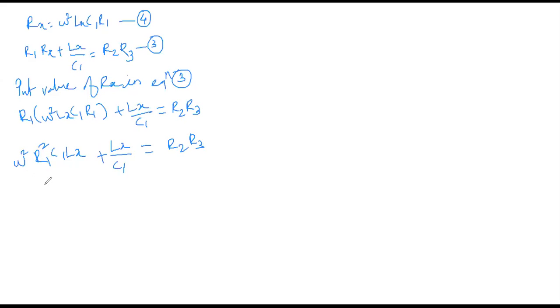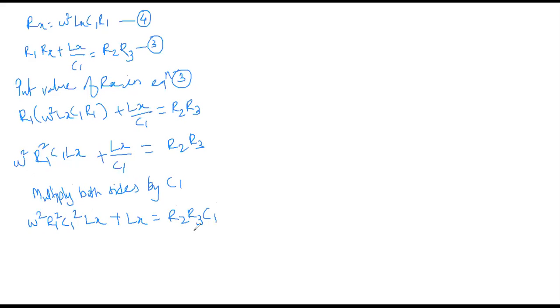Okay, what we are going to do here? We are going to multiply both sides by C1. So what we get here: omega square R1 square C1 square Lx plus Lx is equal to R2 R3 C1, right?